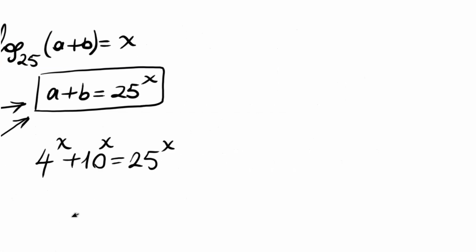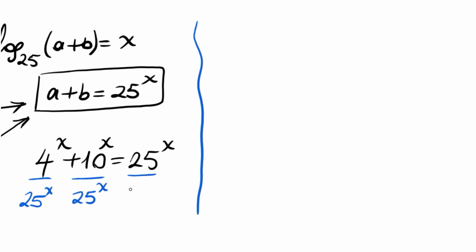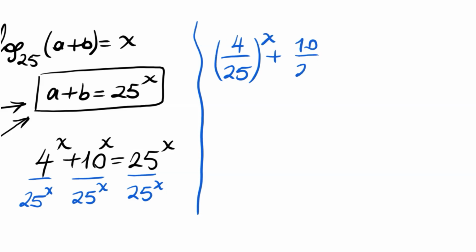Now we will divide all terms by 25 to the power of x, and then write 4 divided by 25 to the power of x plus 10 divided by 25 to the power of x is equal to 1.